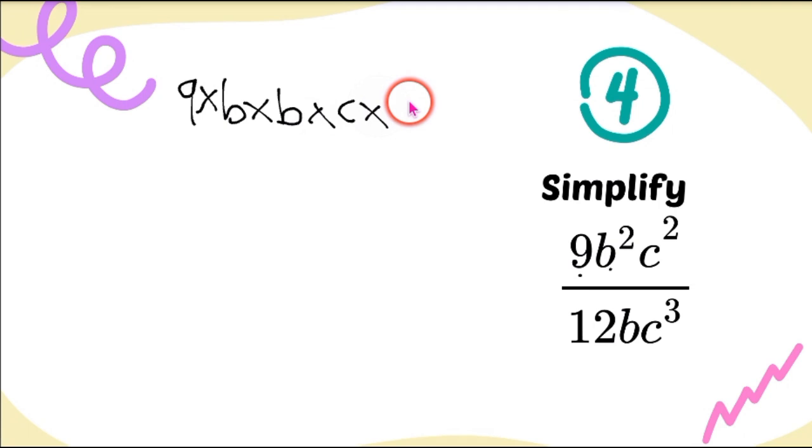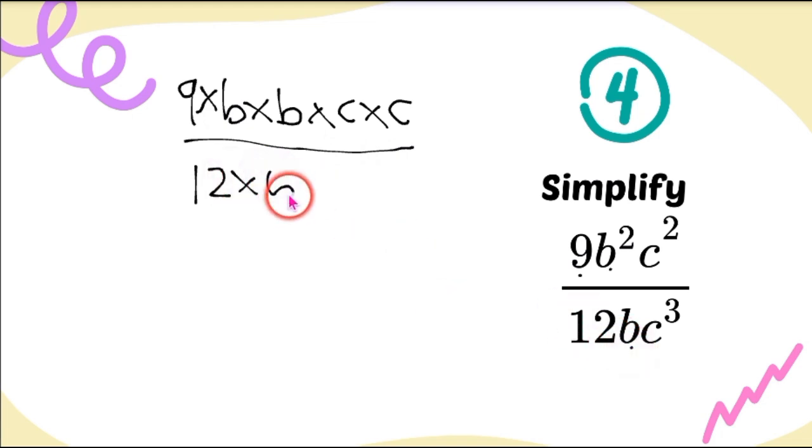As you have expanded the numerator, you also expand the denominator like that. Then times, we only have 1b here, and then of course 3 c's: c times c times c.